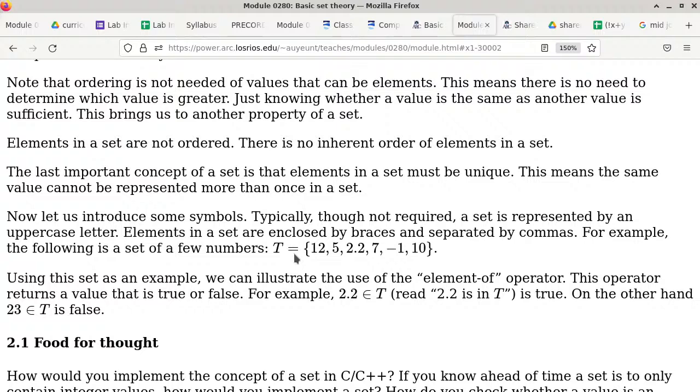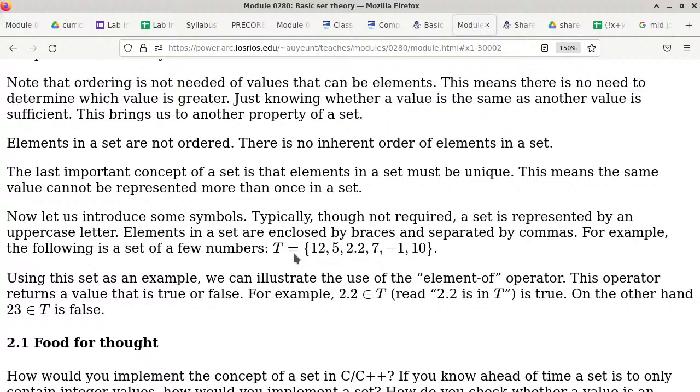So how many elements are in this set T? 1, 2, 3, 4, 5, 6. So there's 6 elements in this particular set. Are we good so far? So remember, the curly braces are important because it is a way for us to differentiate where is the starting point and where is the end of the list of elements in a set.